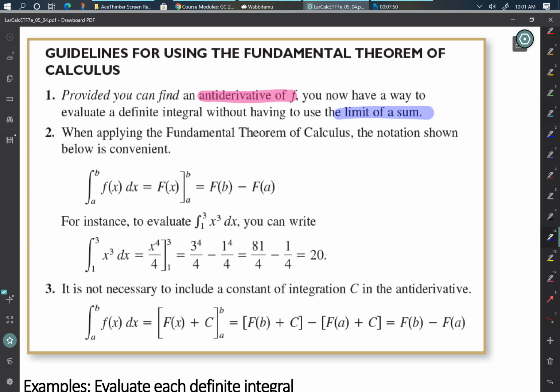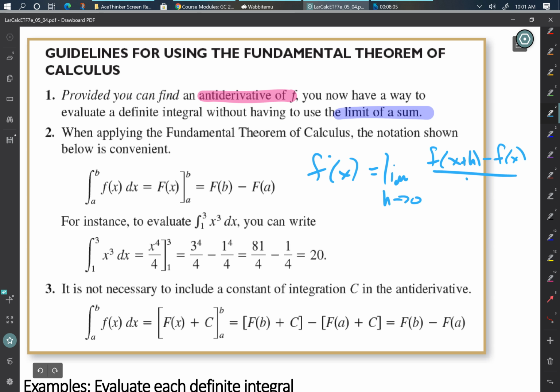Right? So do you remember this? F prime of x was equal to the limit as h approaches 0 of f of x plus h minus f of x divided by h. And we said that you had to use this definition if you couldn't find a derivative using one of the shortcuts that we came up with. Same thing is going to be true here.